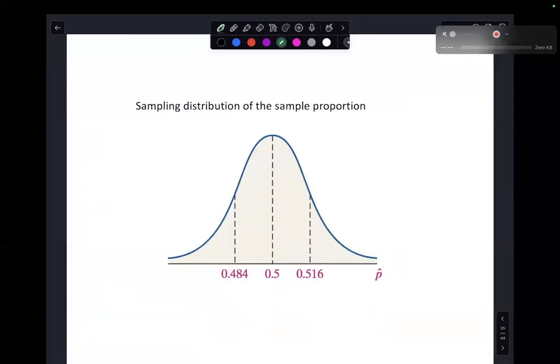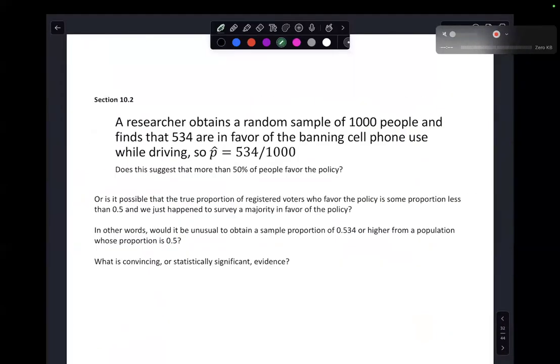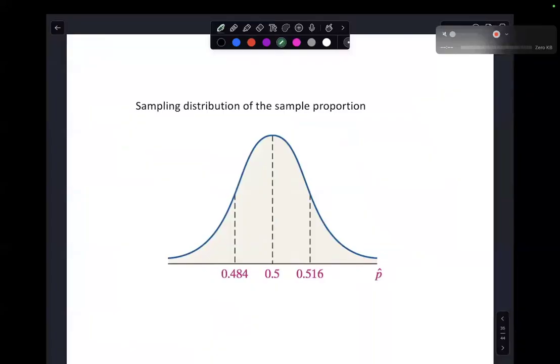All right. Hey, look, it gives me a nice pretty picture. This is the sampling distribution for my example, banning cell phone use while driving. This is one standard deviation away. Generally, we are going to go more than 2 standard deviations away.